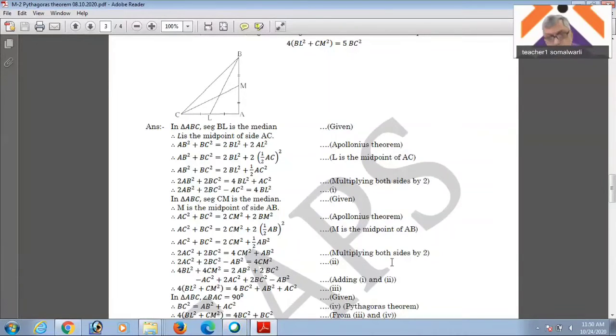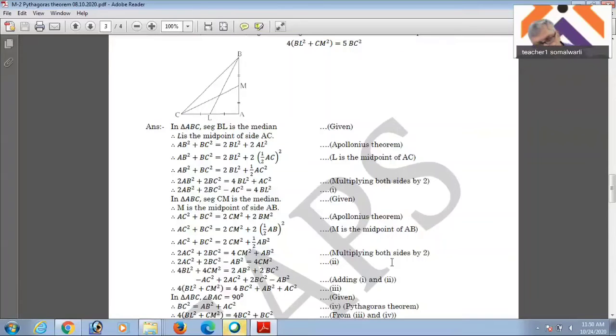So it will become AB square plus BC square is equal to 2BL square plus 2 times 1 by 4 AC square. The 2 and the 4 will cancel, and therefore it is half of AC square. So the final step will be AB square plus BC square is equal to 2BL square plus 1 by 2 AC square.